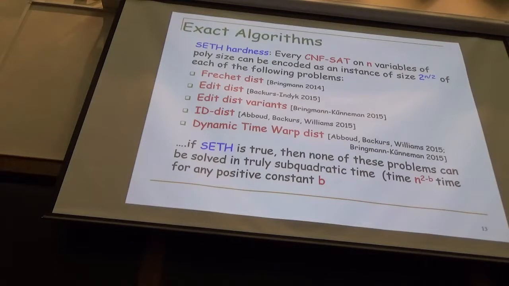So you could say this is evidence that it's unlikely we'll be able to solve these problems in subquadratic time, or it's motivation to spend a lot of time trying to solve these in better than quadratic time, because if you do, you'll show that the strong exponential time hypothesis is false.